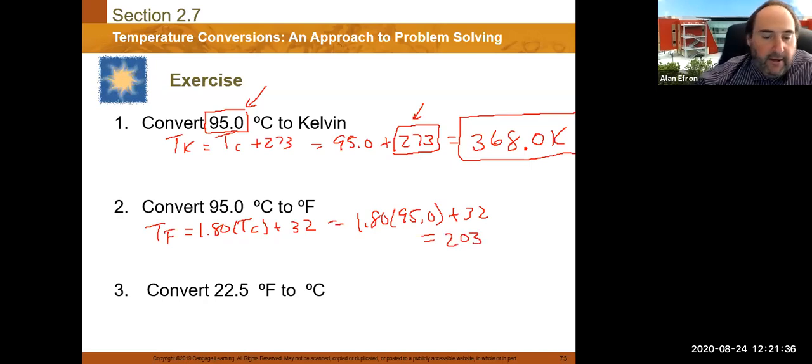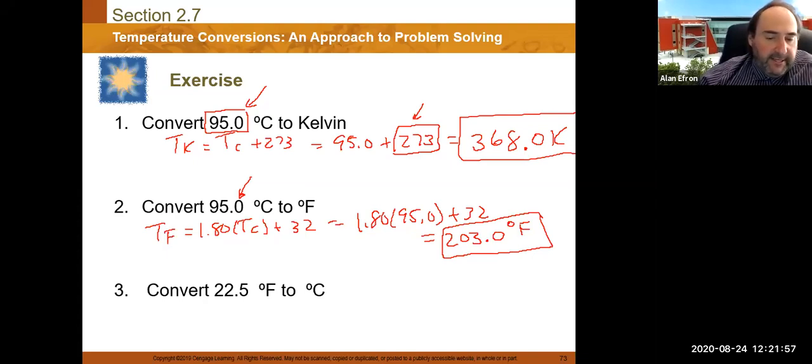Again, here on our calculator, we get 203. Our original number is also going to 1 decimal place, so we would want to put that 0 in here. We would want to go degrees Fahrenheit on this guy here. So again, in terms of temperature, we just maintain what it looked like originally.